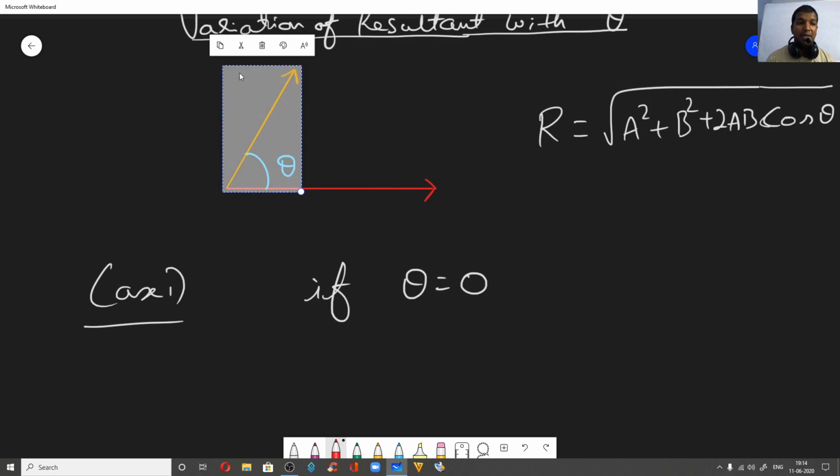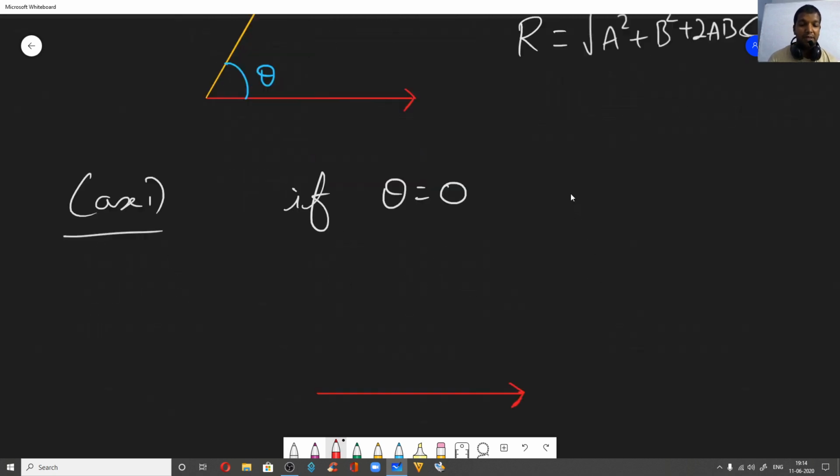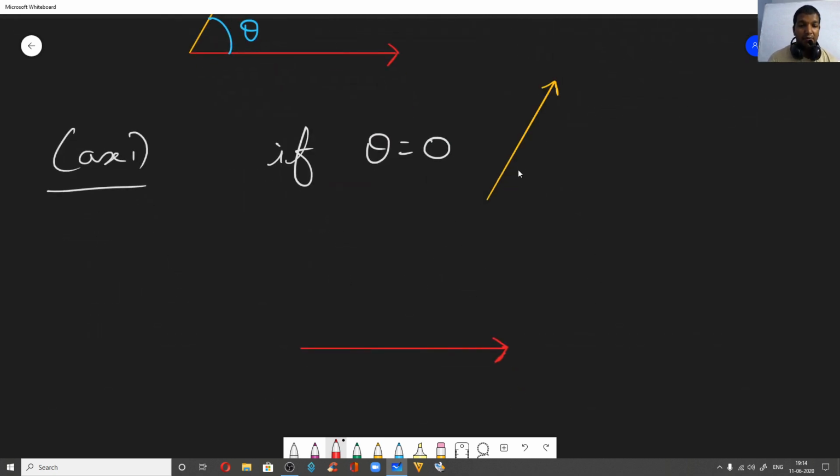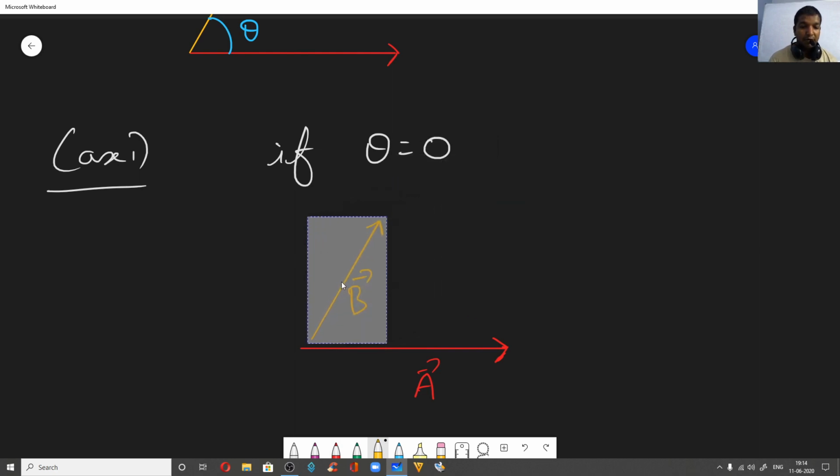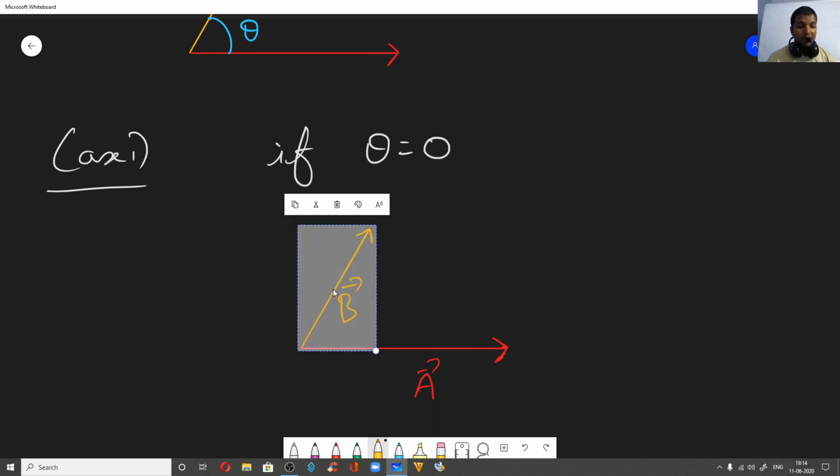Vector A and B are in line, correct? Vector B was like this earlier. So vector A is this and vector B is this. Now for vector B, we will make the tails meet, then we will rotate.